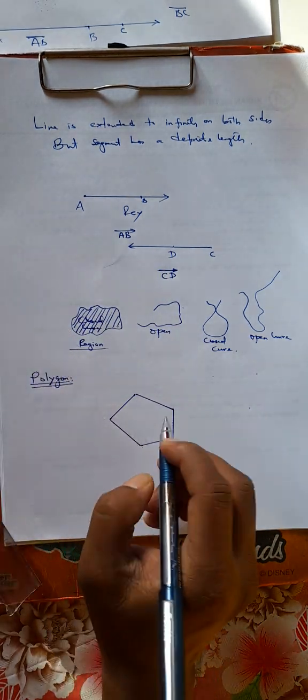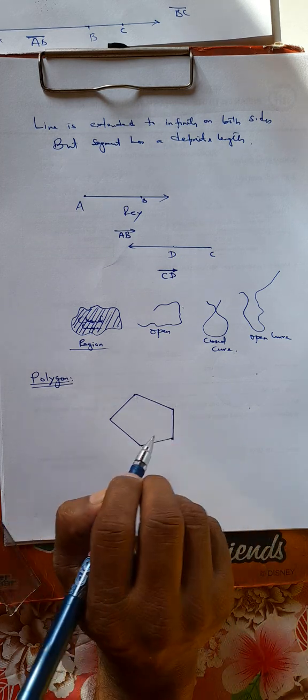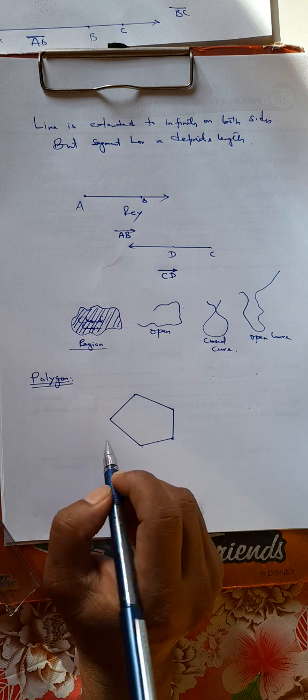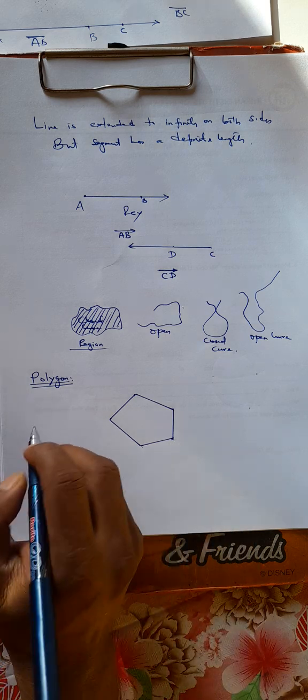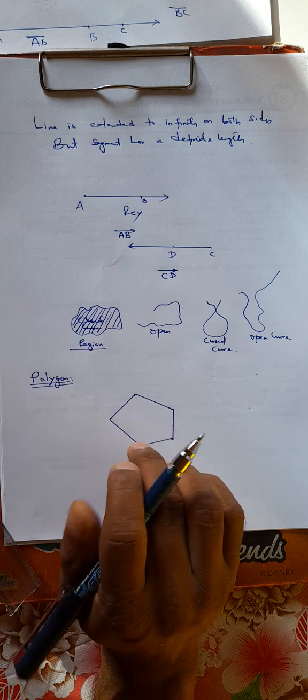Now this is called a polygon, right? It's a closed figure obtained by joining line segments. So a polygon is a closed figure obtained by joining line segments.